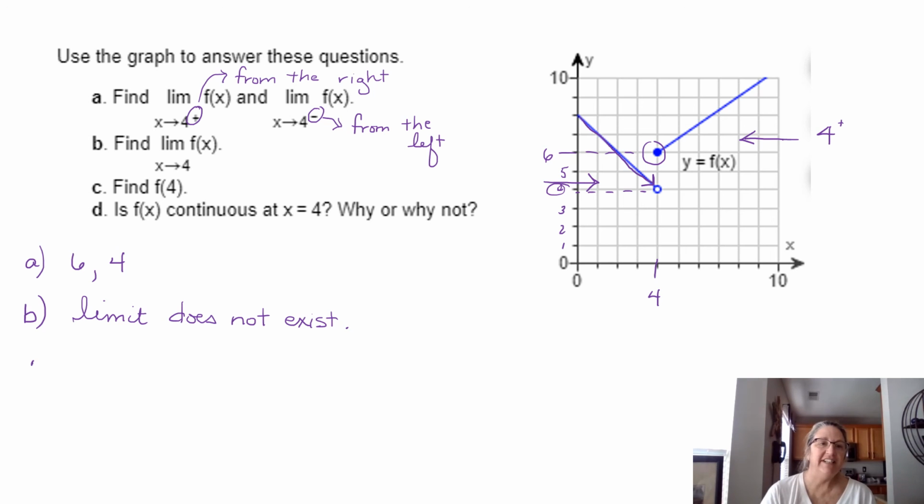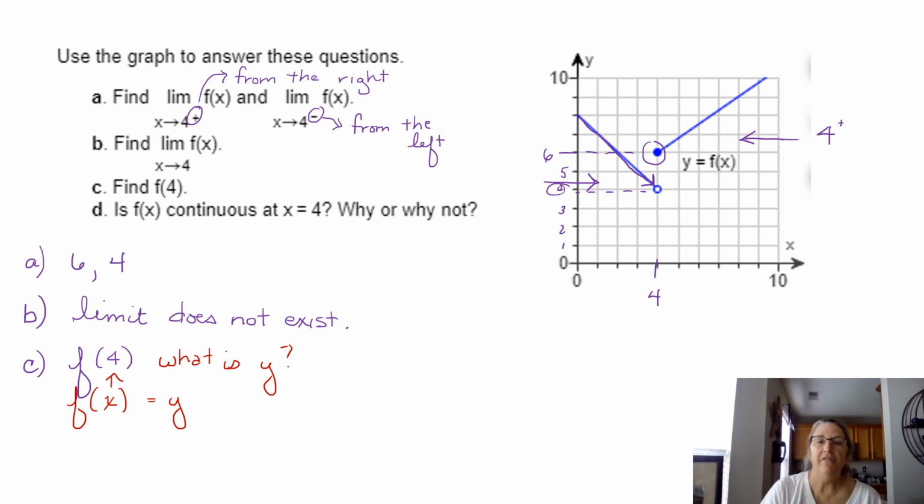Now, for C, if we want to know f of 4, you probably remember this, but it's f of x equals y. So it's telling me when x is equal to 4, what is y? That's what it's asking me. So when x is equal to 4, we've got two choices.